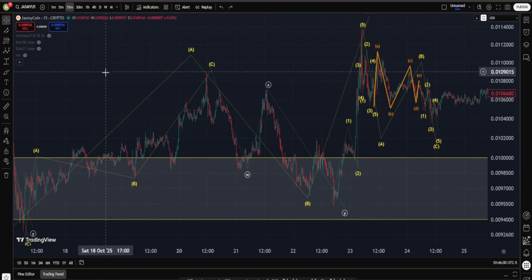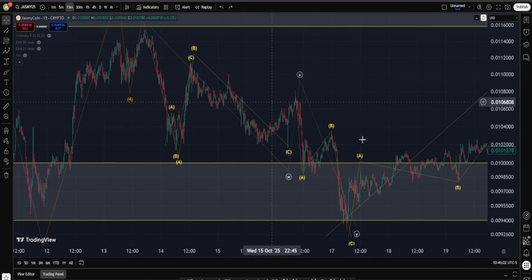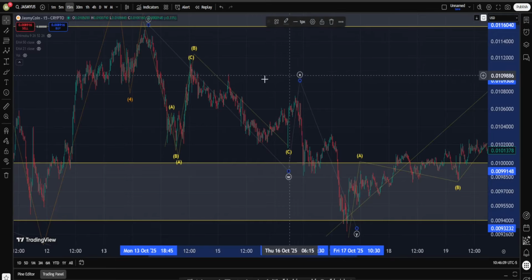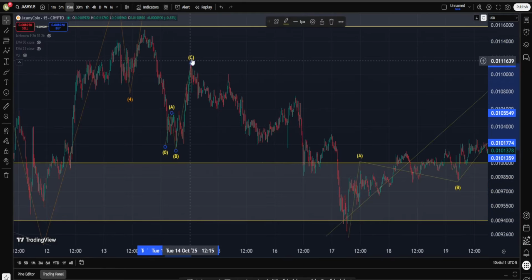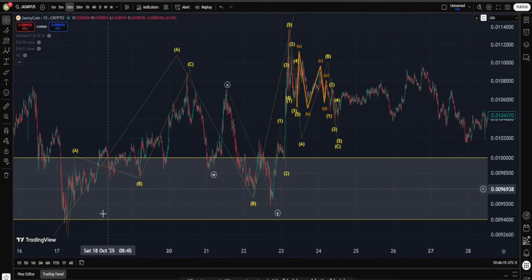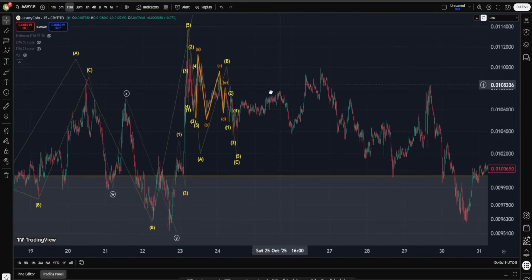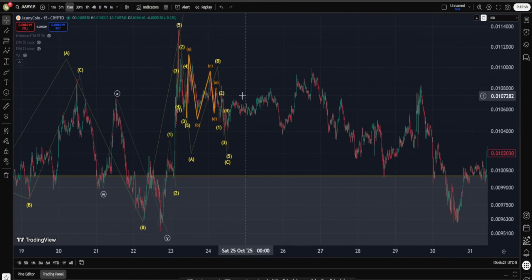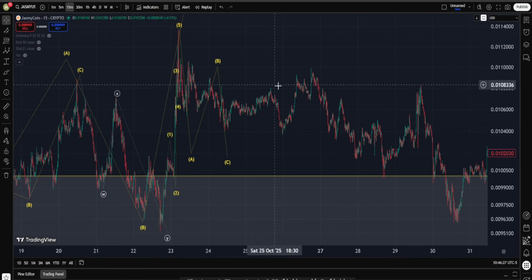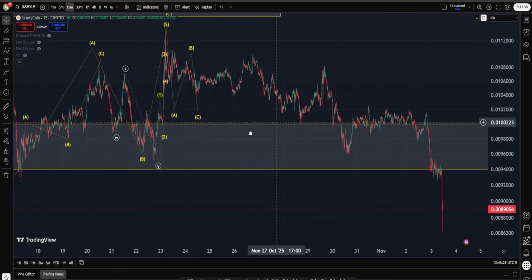You see, in my view, this move down right in here in Jasmy can be in the form of, now I'm going to argue, probably an ABC zigzag as opposed to something like a double zigzag structure. There we go. Followed by that, we definitely now had this ABC in the form of a flat structure, and believe it or not, I still do believe that this is an ABC zigzag and not a 5 wave off of the highs. Honestly, this is basically the best that I can come up with.